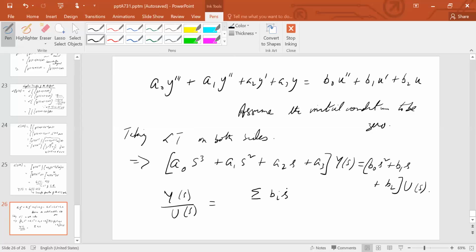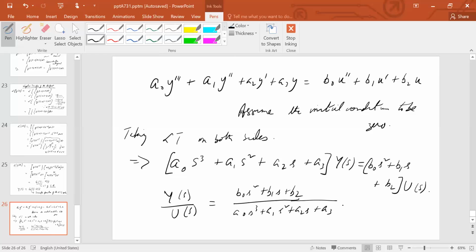I mean, this is not a general expression, so let me not go for this overkill here. Basically, this is nothing but b0 s square plus b1 s plus b2 over a0 s cube plus a1 s square plus a2 s plus a3. This is what this expression turns out to be.